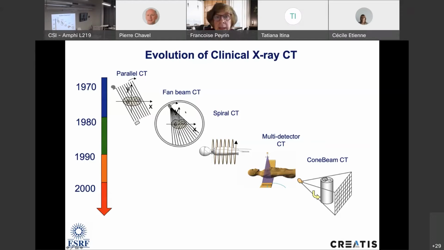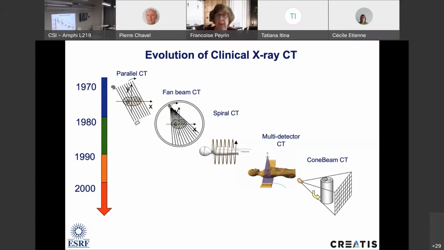The next development was the so-called fan beam CT, where instead of having translation of a pencil beam, you have an X-ray source that can irradiate the whole section at once. So you don't need the translation motion anymore, and it allowed to increase the speed of the acquisition.